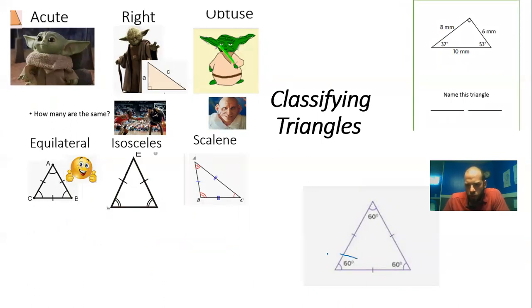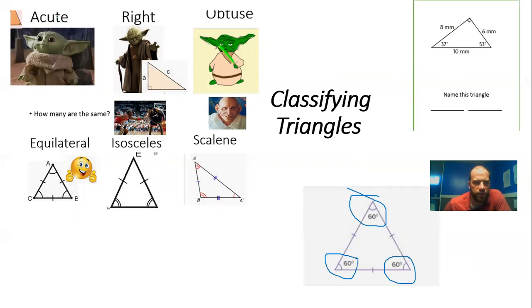Remember, no matter what, all the angles are going to add up to 180. And if they're all smaller than 90 degrees, then it's such a cute little triangle. If there's one right angle, then it's a right triangle. And if there's one that's larger than a right, then it's an obtuse. So the first name that we're going to give this one is acute.